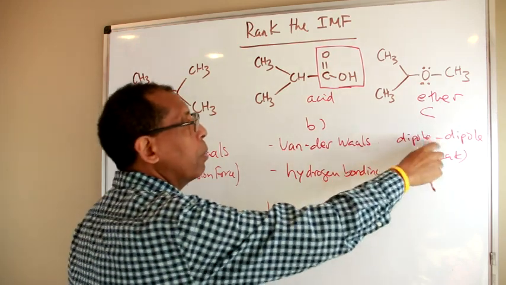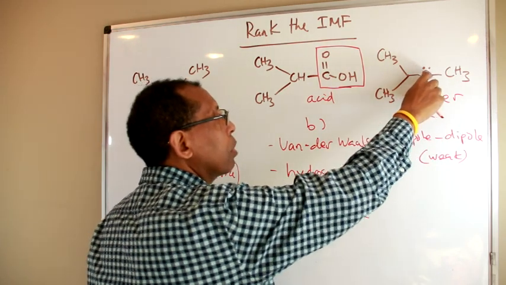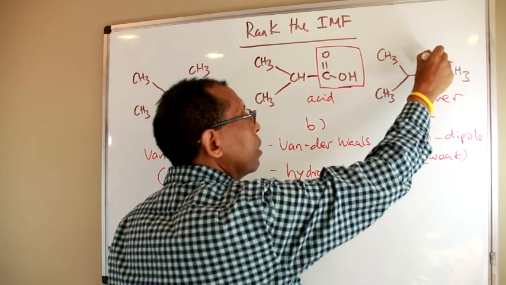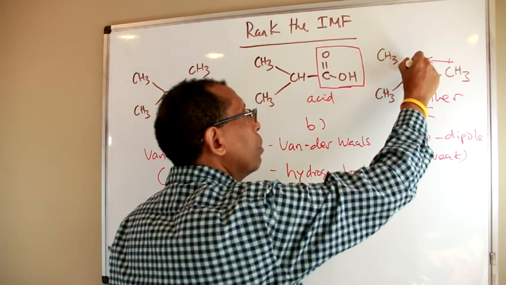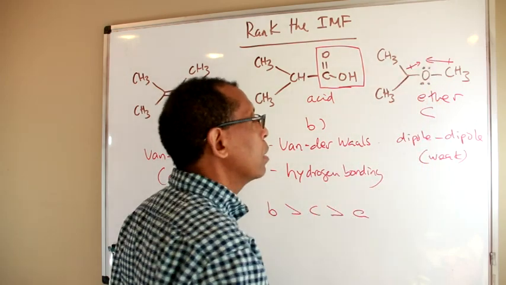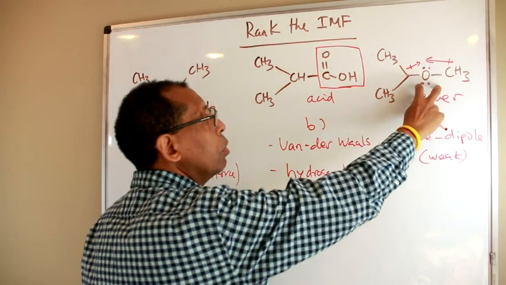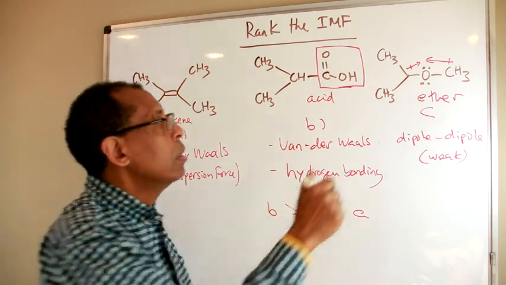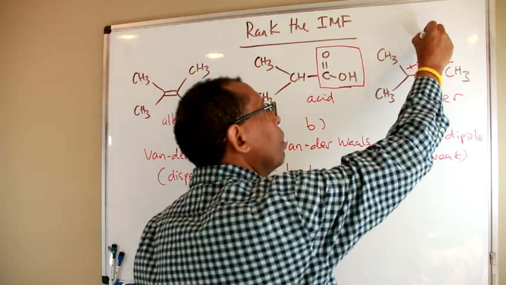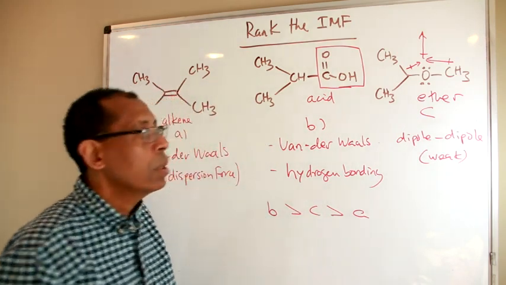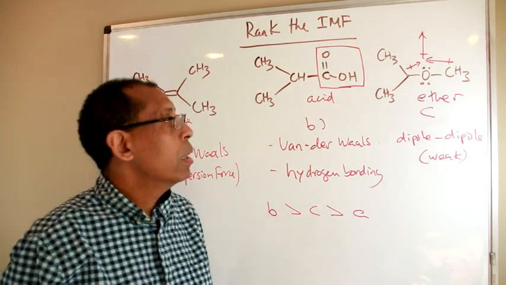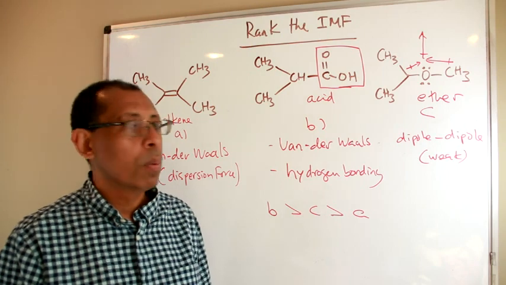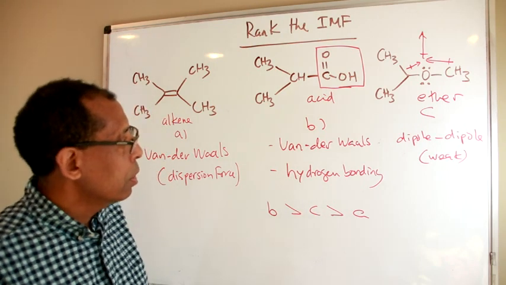So the dipole might be, because of the oxygen, might pull some electron density like this, and also pull some electron density like this, and this may not be a linear molecule. It might have a bent shape that could add up some dipole in that direction. Because of that, that ether might have an induced dipole interaction.